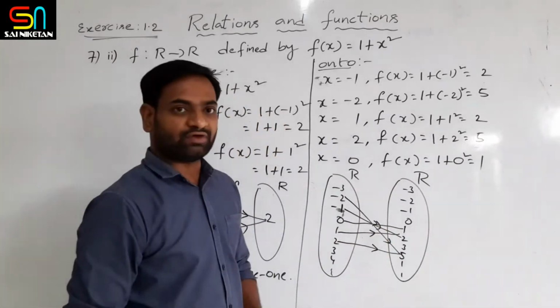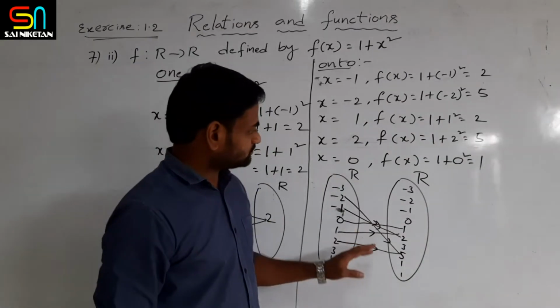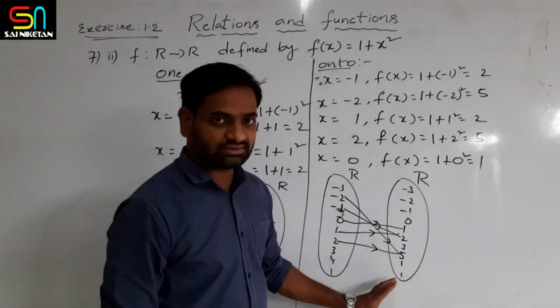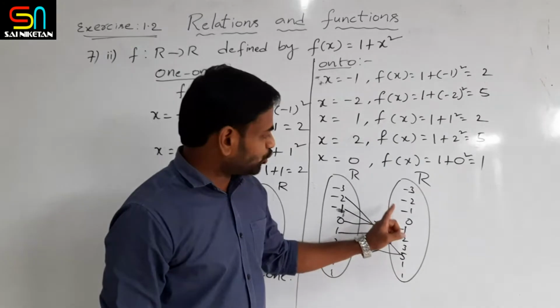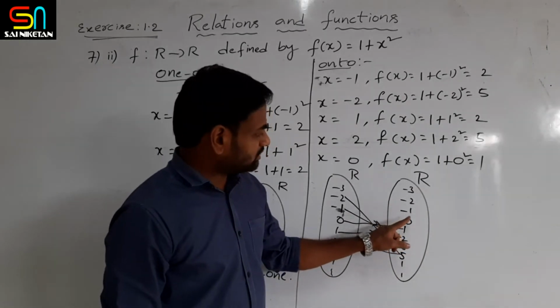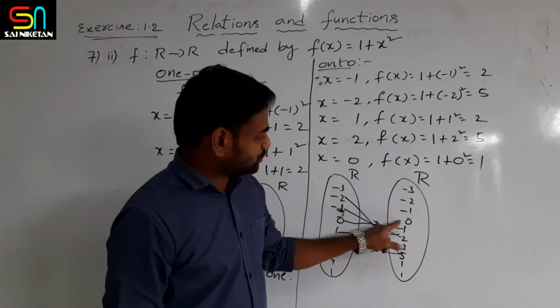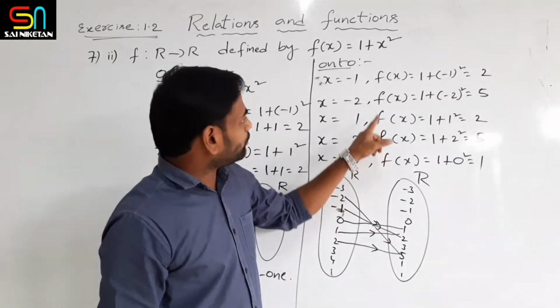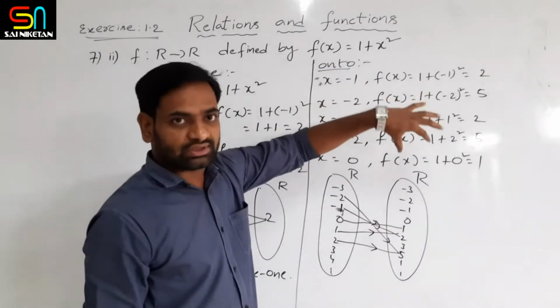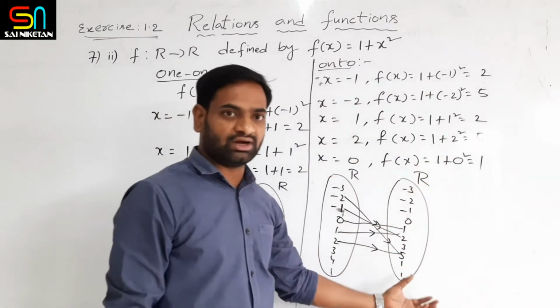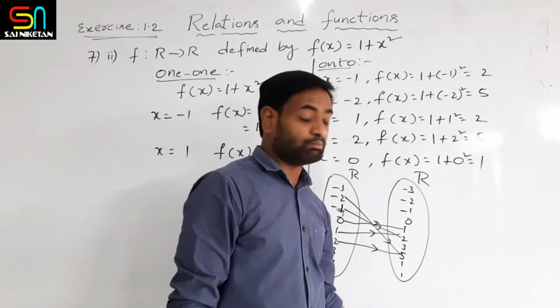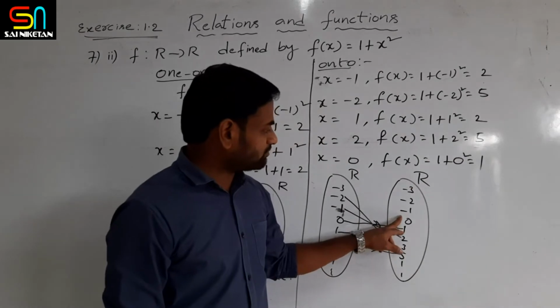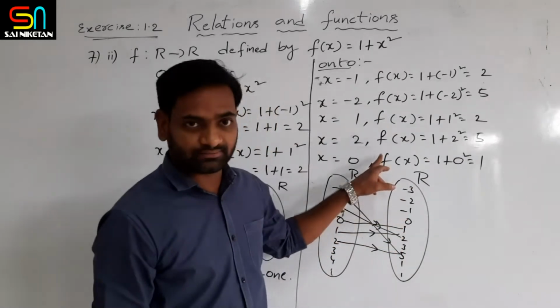If you observe here, in the second set, there is no mapping for some of the values, that is 0, minus 1, minus 2, minus 3 like that. Actually, what is the onto condition? In the second set, every element should be in the mapping. But here, there is no mapping for minus 1, minus 2, minus 3 like that.